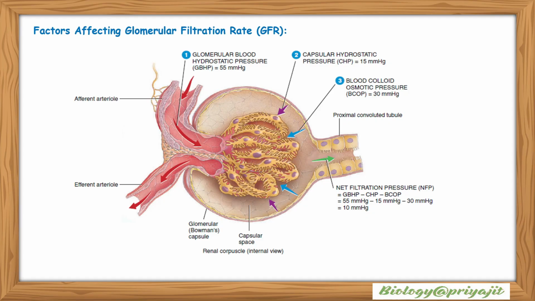Macula densa senses salt levels and adjusts GFR via feedback. Narrowing of afferent arterioles lowers GFR, whereas efferent arteriolar constriction may first raise and then lower it. GFR remains stable between 60 to 180 mmHg arterial pressure due to autoregulation.